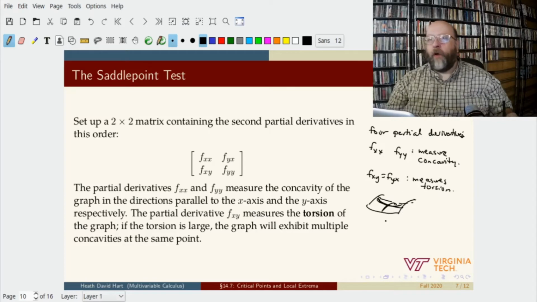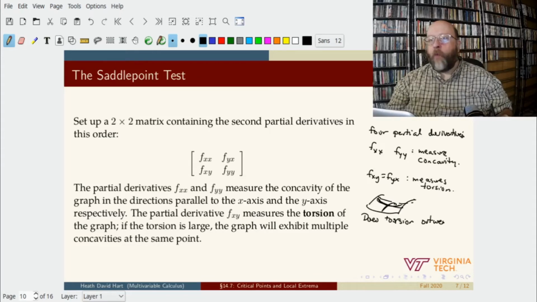And so the question we want to know is, does the concavity outweigh the torsion, or does the torsion outweigh the concavity?